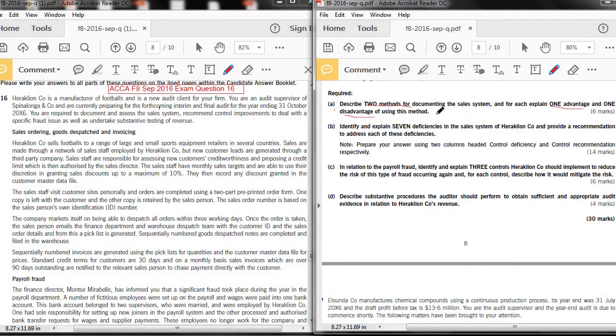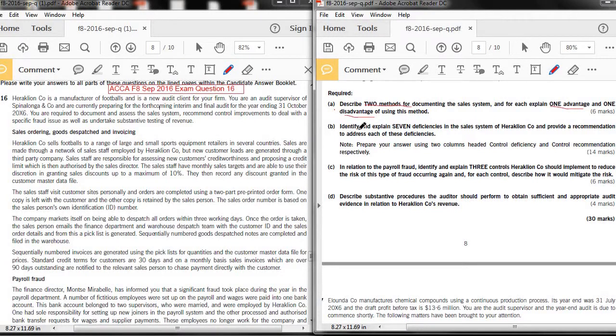I think this is not related to the scenario, so we need to answer this question from the theory. For documenting any system, there are three methods. One is the narrative notes, second one is the questionnaires, and third one is the flow charts. We will see in detail later.